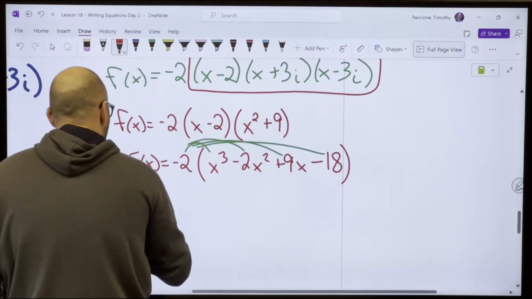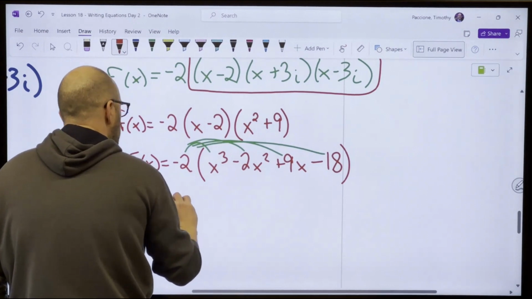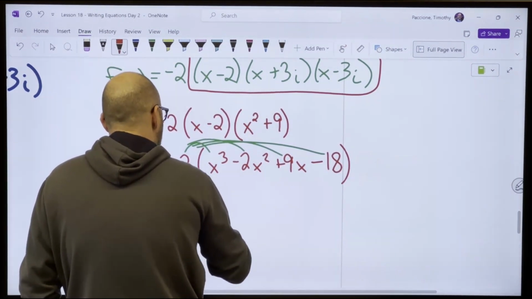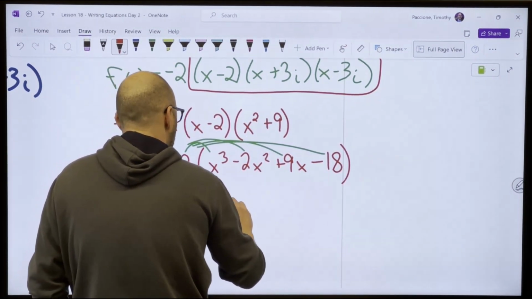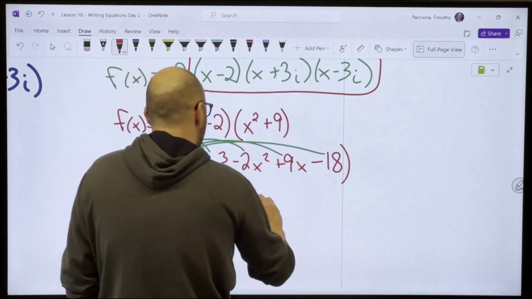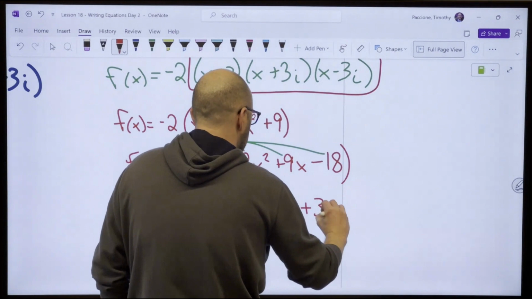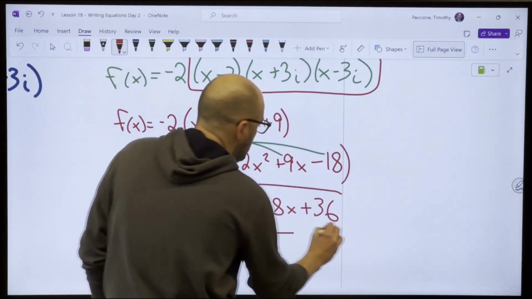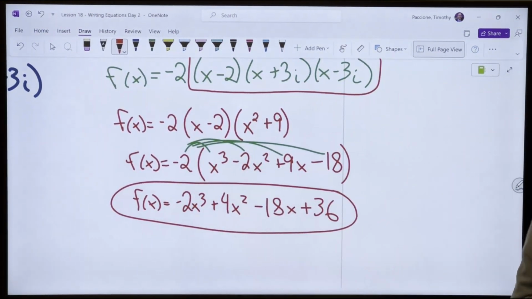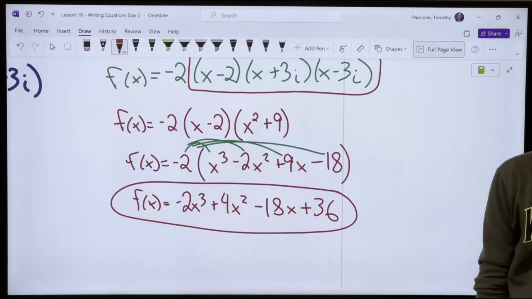And I get f of x equals negative 2x to the third plus 4x squared minus 18x plus 36. Now, how do I know I did this right and I didn't make a mistake? 36 was the y-intercept, so that should be my last number.